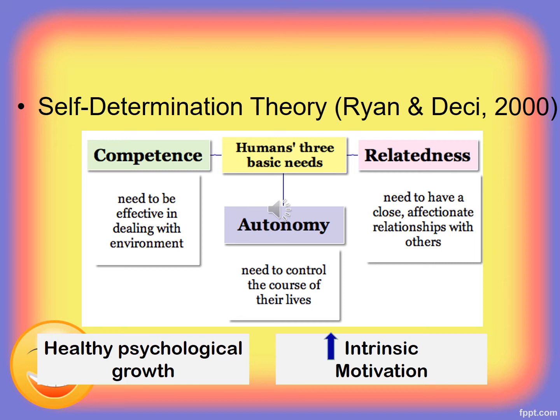So if we want to fulfill these three basic needs, a supportive environment will be useful because it will encourage us to develop goals as well as relationships with other people. If all these needs are satisfied, it can lead us to have a healthy psychological growth as well as enhance our intrinsic motivations.